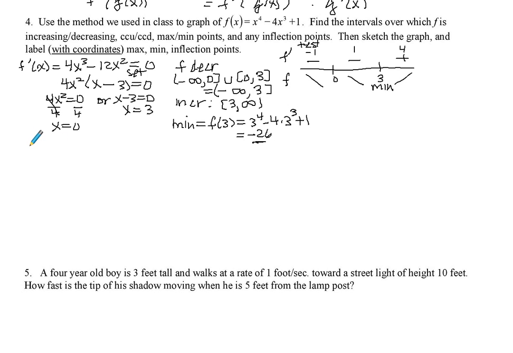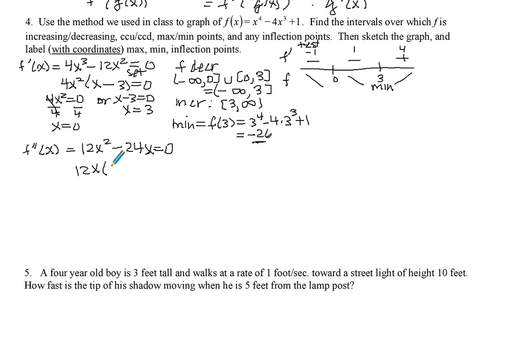And now we're ready to do some work with f double prime. So second derivative here. Derivative 4x cubed is going to give us 12x squared minus 2 times 12, 24x. Set that equals 0. Got a common factor of 12 and also an x that we can pull out.